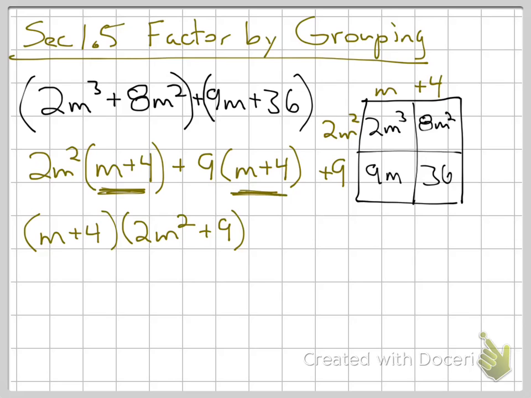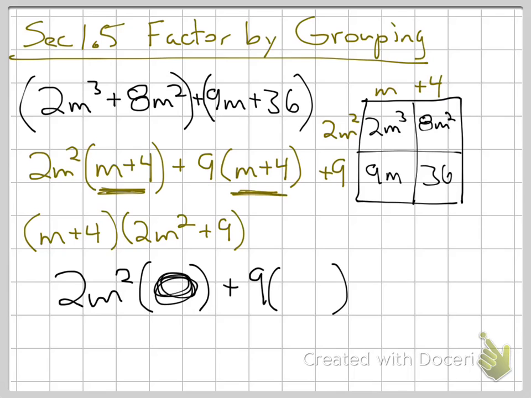How come it wouldn't be m plus 4 squared if it's regular? Let's not think of it as m plus 4. Let's just think of it as a blob. Okay? It's a variable. It's a value. It's just there. Now, both of these terms have it there. So I factored it out.